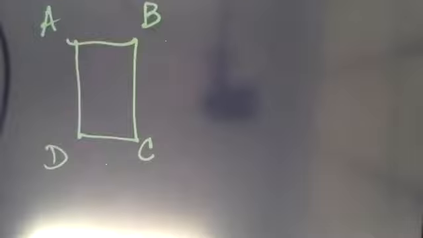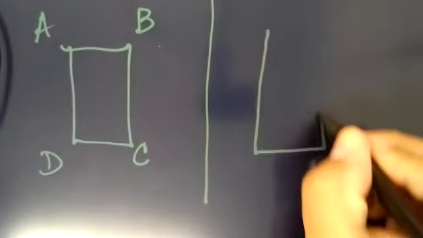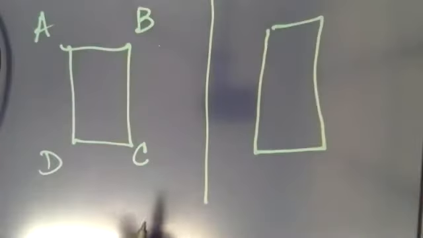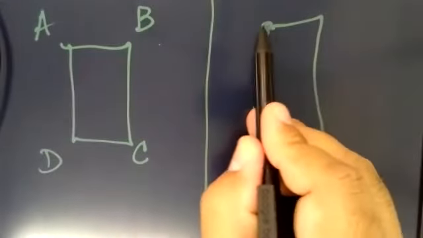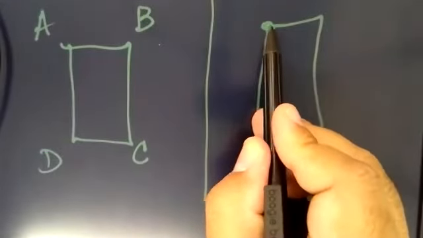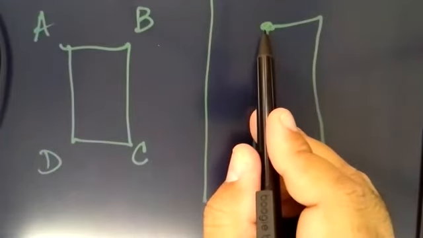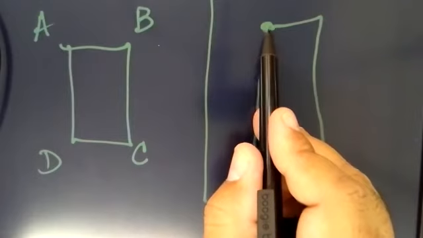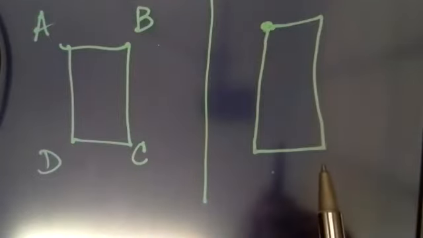Okay? And let's say it's reflected over this line. Okay? If it's reflected over this line. Well, what coordinate would this be here? Anyone? B. Try it again.